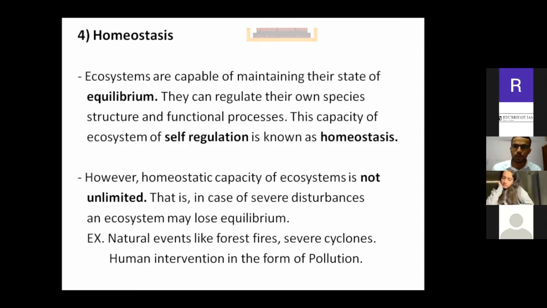Next point, under ecotone only you can write. In ecotone, conditions are intermediate to the adjacent ecosystems.